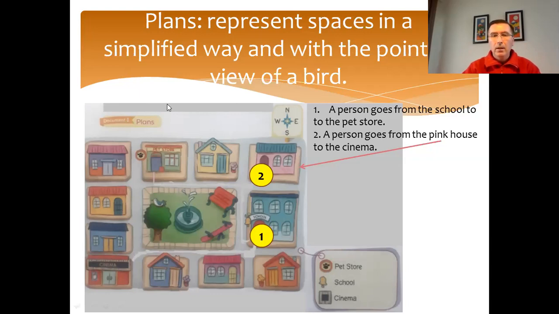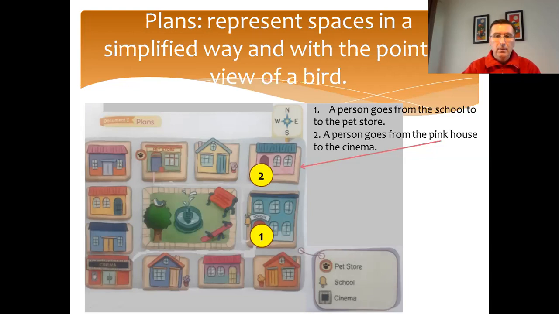Okay, let's do a little exercise together. There is an exercise with number 1 that says, a person goes from the school, number 1, to the pet store. So let's imagine that we're going to use this and follow a route to go to the pet store from the school.